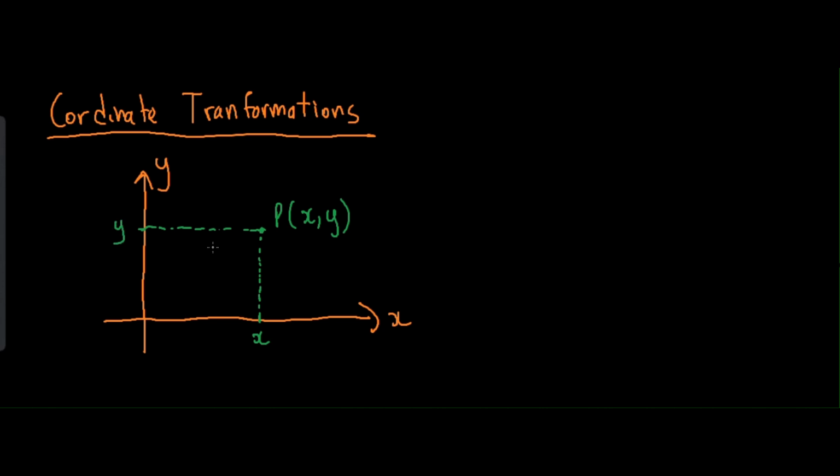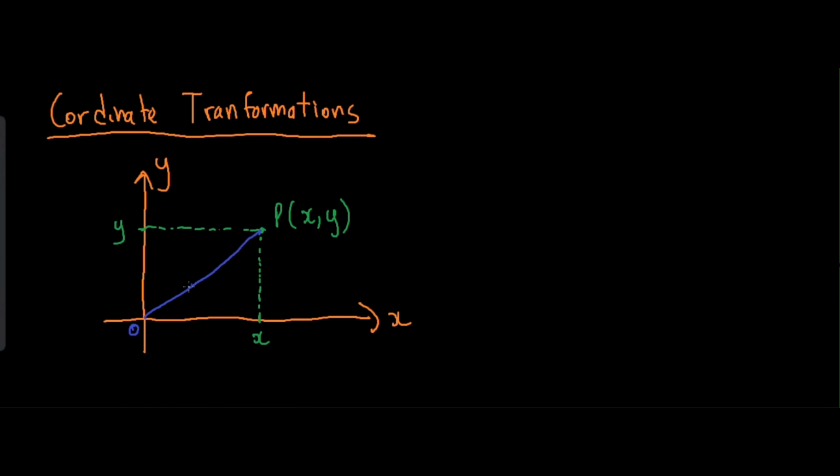Now, there's a more interesting two-dimensional coordinate system. Let's say for the same point now, we consider a line starting from the origin O, or 0, 0.